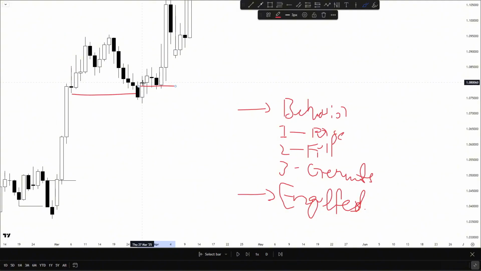So if price initially closes above only the body of an order block, then you would choose the body of the candle as an order block. But if it closes above the wick, then you would choose the wick and not the body.